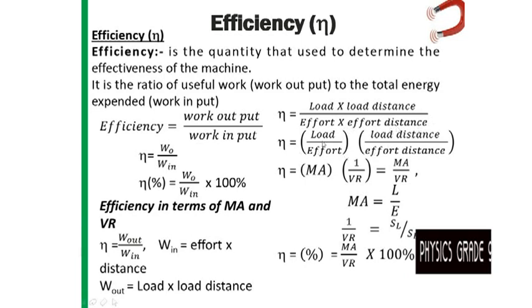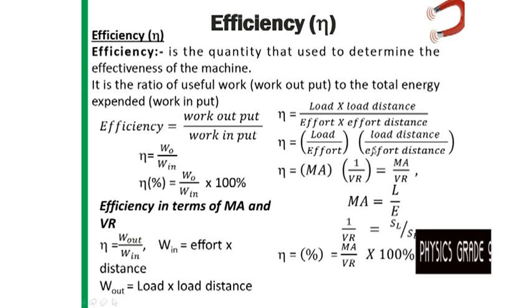Now, the load divided by the effort, we can separate that out and then also have the load distance divided by the effort distance. Now, if you remember the expression for mechanical advantage, that could be written as the load divided by the effort.